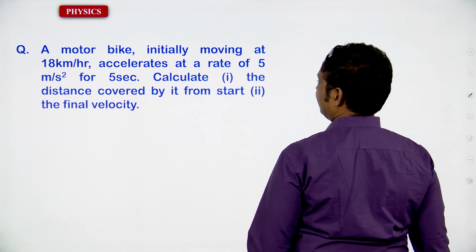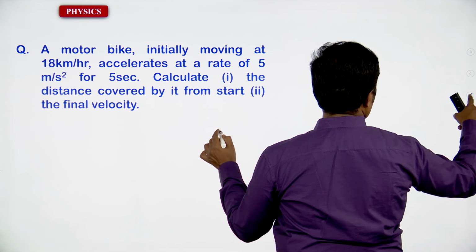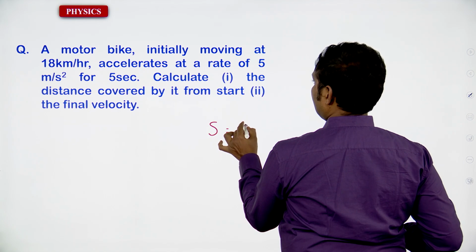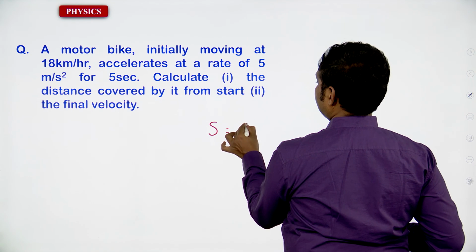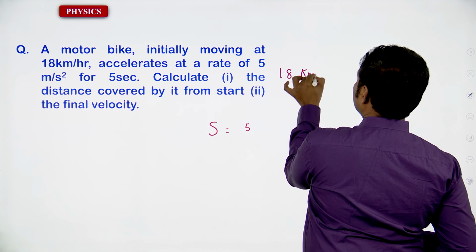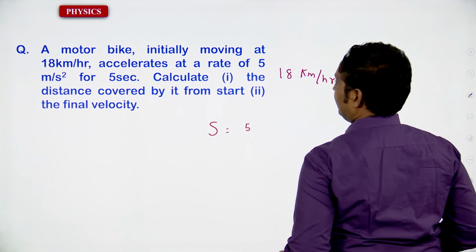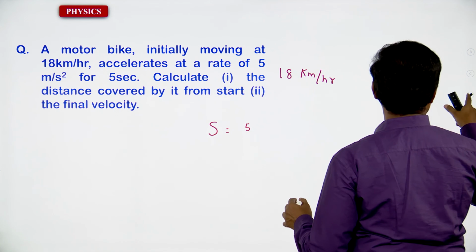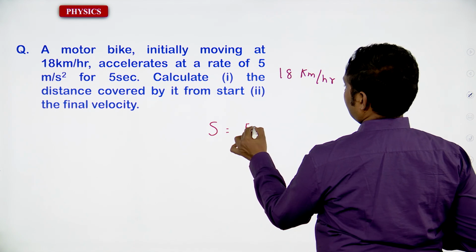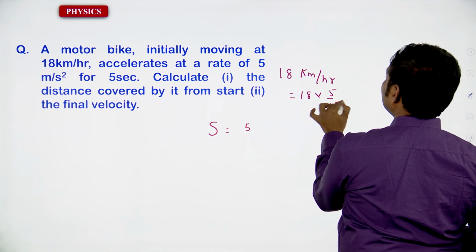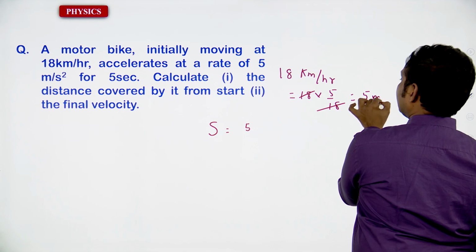That is going to be S is equal to, you have to take 18 km per hour. You will get 18 into 5 by 18, that's 5 meter per second.